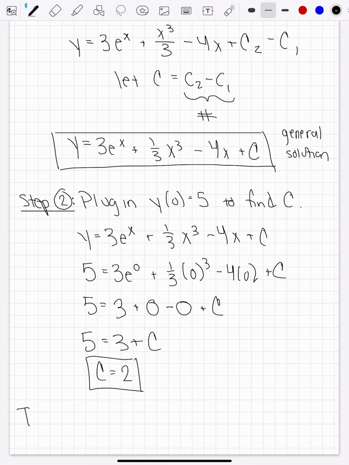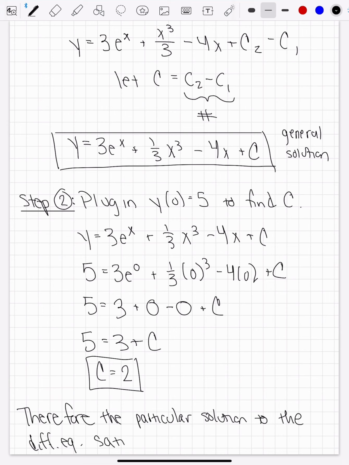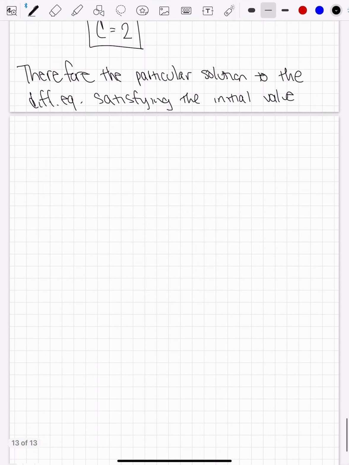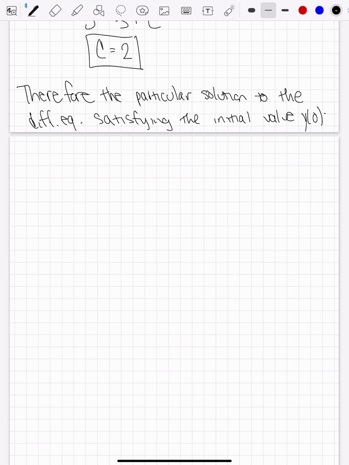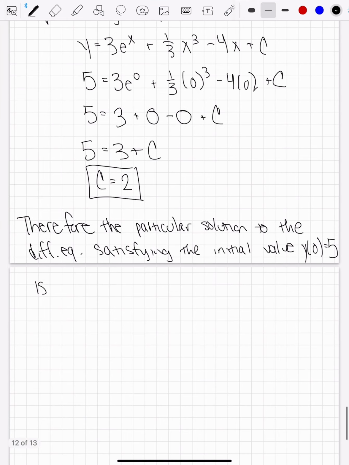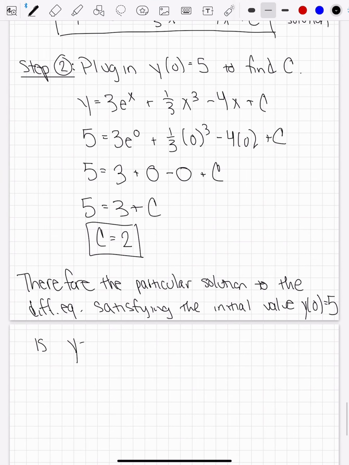So therefore, the particular solution to the differential equation satisfying the initial value y of 0 is 5 is, we have our general equation, which is y equals 3e to the x plus 1/3 x cubed minus 4x plus c.